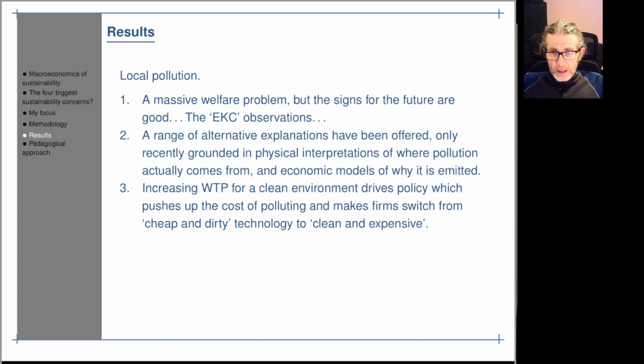But basically, one of the very first explanations that was suggested is the correct one, or the dominant one. That increasing willingness to pay for a clean environment drives policy, which pushes up the cost of polluting and makes firms switch from cheap and dirty technology to clean and expensive. So we'll be seeing that in a lot more detail later on.